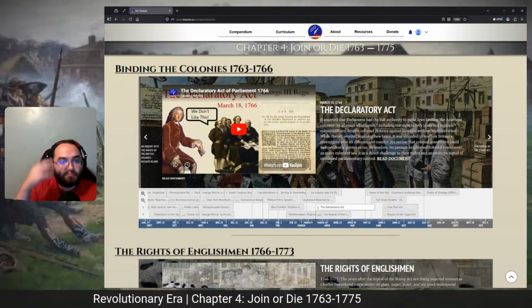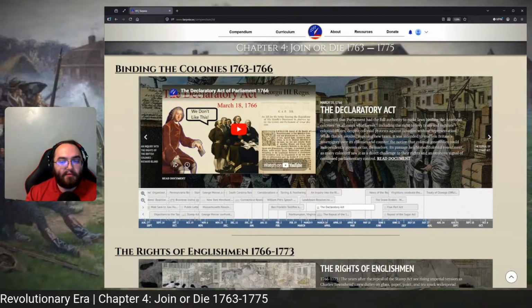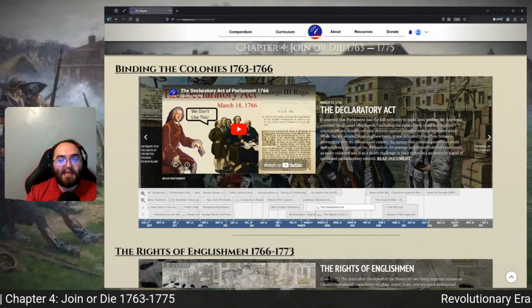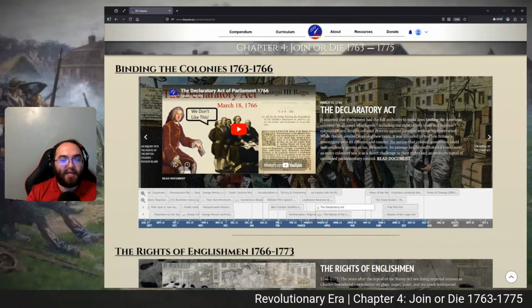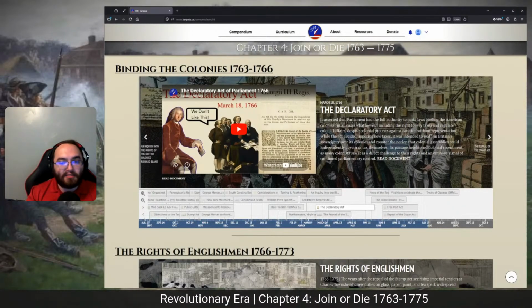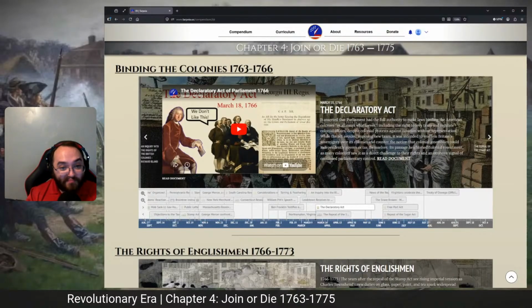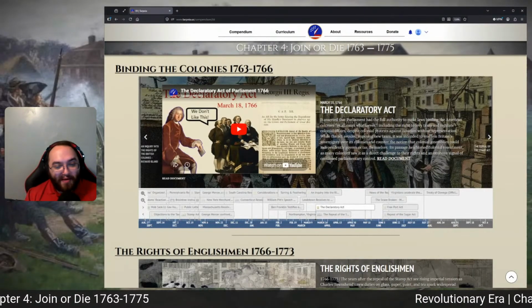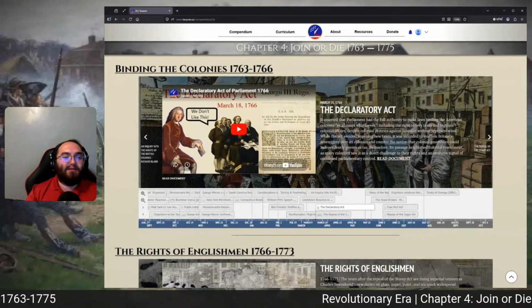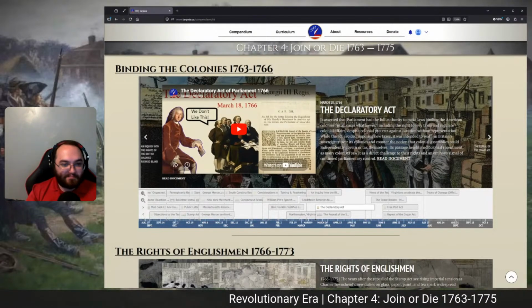Because Parliament, and nominally the King, is arguing that they can pass laws binding the colonies in all cases whatsoever. That is absolute tyranny. So the Declaration of Independence is referring to this act.